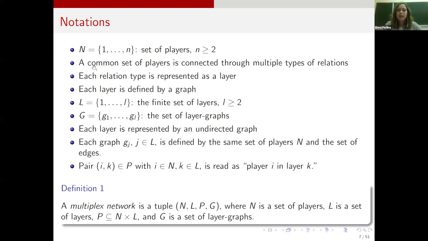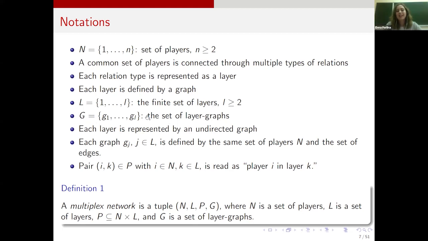So we have the set of players, capital N, with two or more players. A common set of players is connected through multiple types of relation. Each relation is represented by a layer in the graph. Each layer is defined by a graph, and capital L is a finite set of layers.